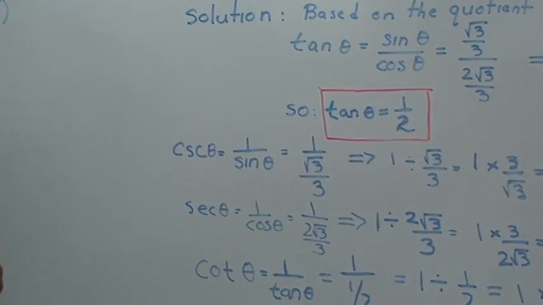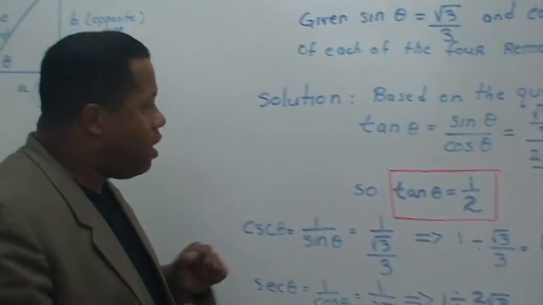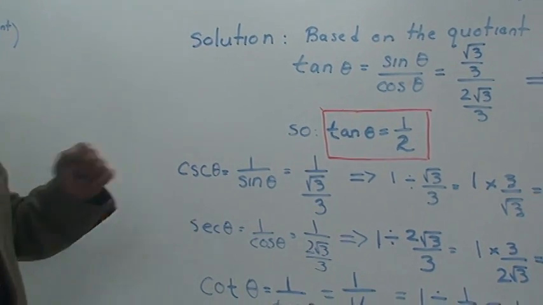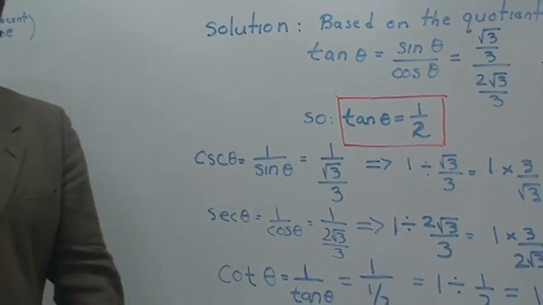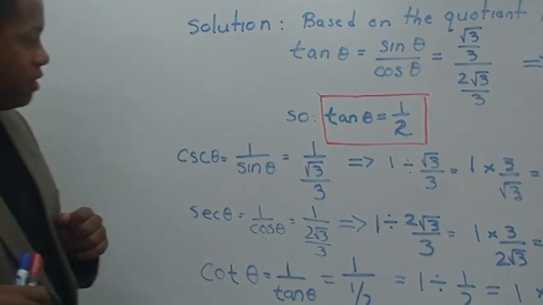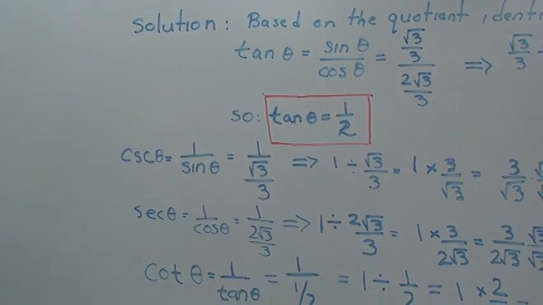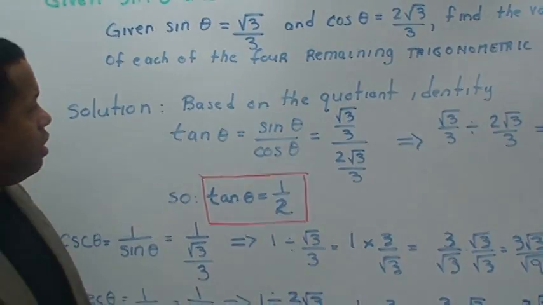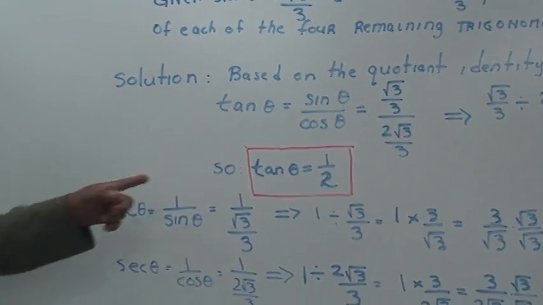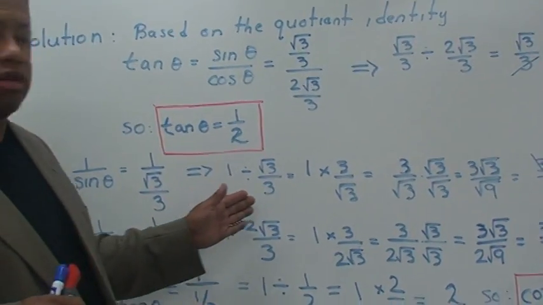Now, we'll continue on because we have other identities to solve here. How about cosecant theta, which is equal to 1 over sine theta? It is a reciprocal identity, right? You remember that? So sine theta again is the square root of 3 over 3, and you set it up as a fraction, 1 divided by the square root of 3 over 3, as a regular division problem.